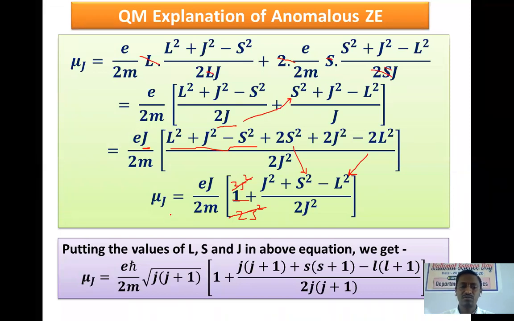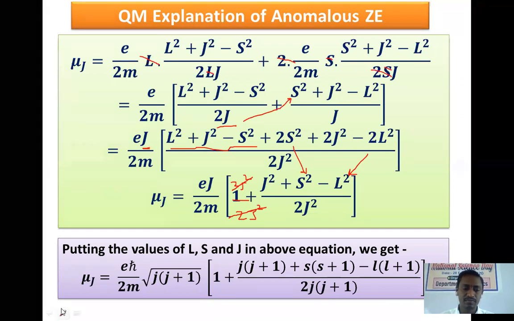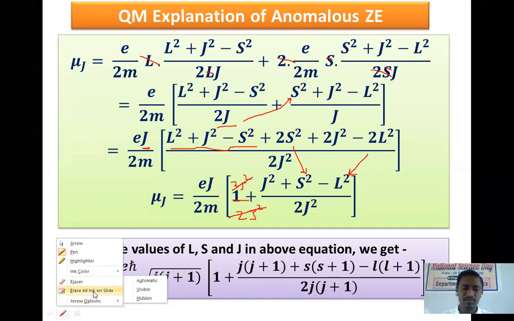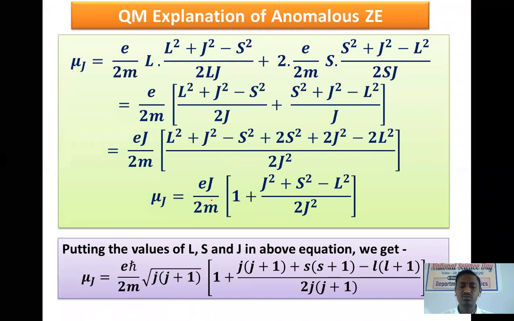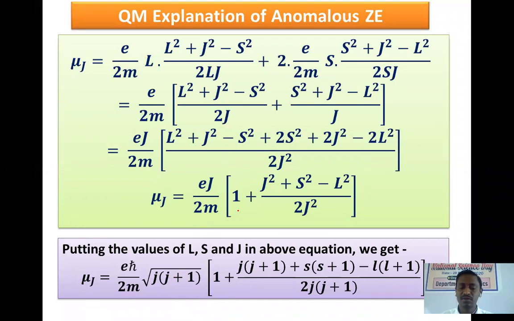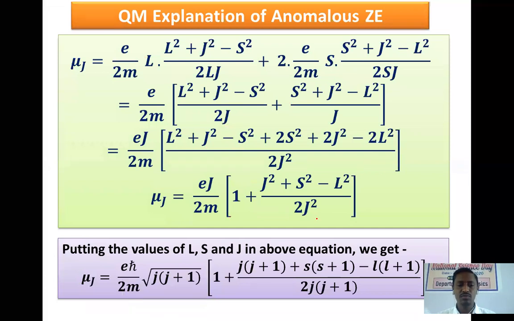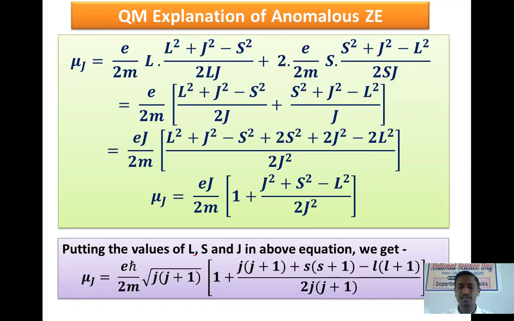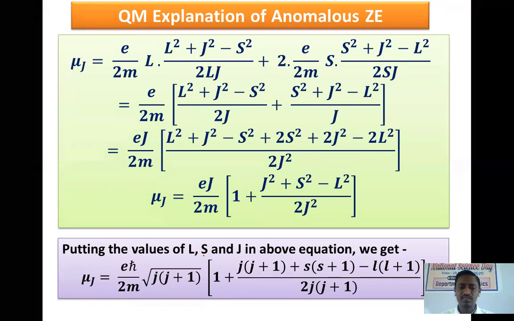Therefore our equation for mu j will be mu j equal to e into capital J upon twice m in bracket 1 plus j square plus s square minus L square upon 2j square.